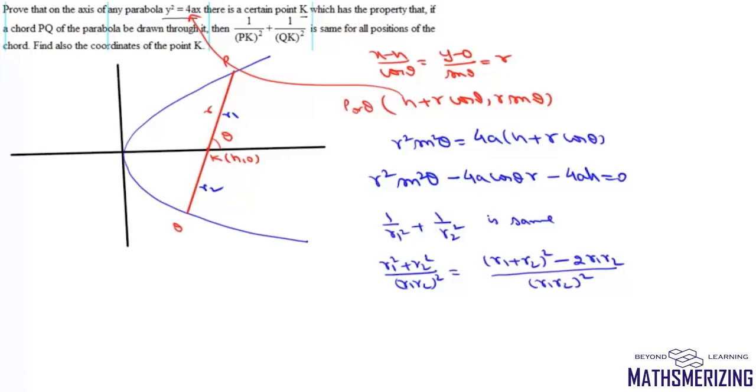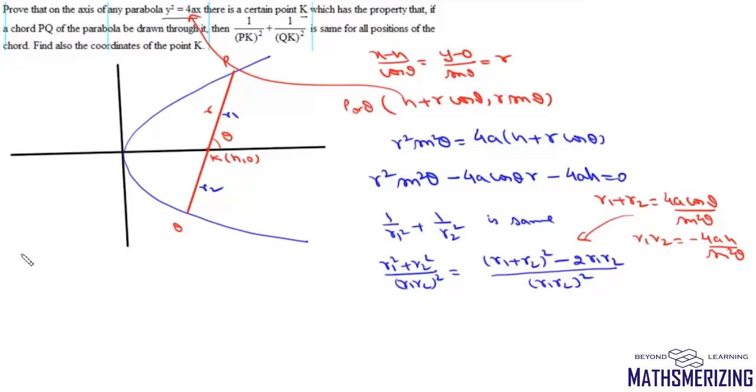What is the sum of roots? The sum of roots r1 plus r2 in this case is 4a cos theta upon sine square theta, and what is the product of roots? r1 into r2 is minus 4ah upon sine square theta. So we'll just put it.